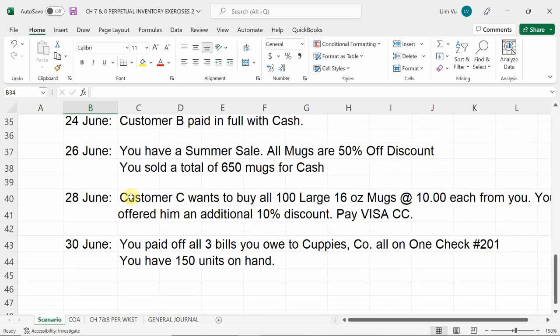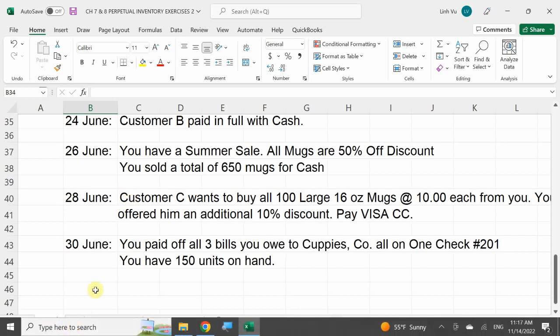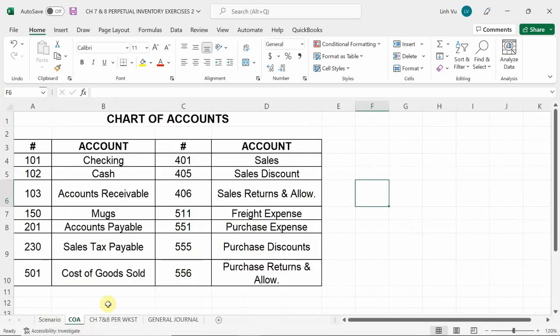Okay. June 28th rolls around and customer C wants to buy all 100 large 16-ounce mugs at $10 each from you. And of course, you offered him an additional 10% discount, and he paid with his Visa credit card. So in this case, if he's going to pay with his Visa credit card, where does that money go?